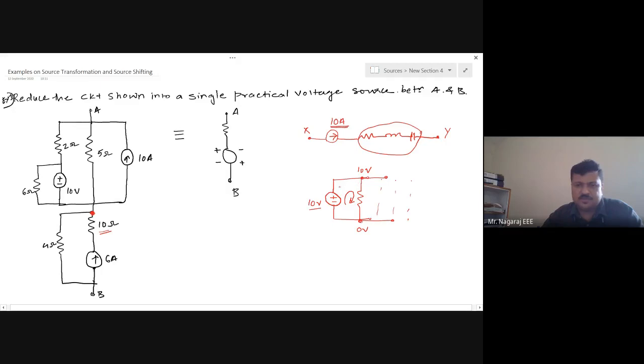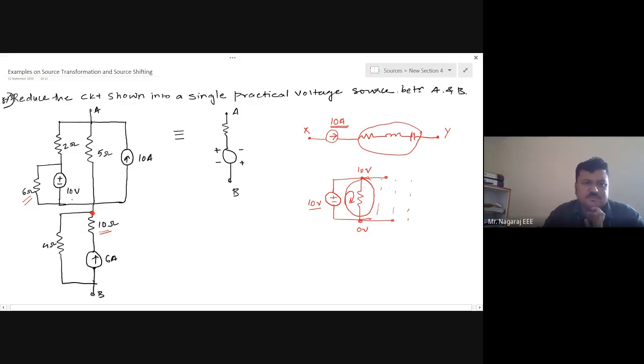Even if this current flows here, it is not doing any kind of work. The same voltage is available after this. Hence, I can take this resistor as a redundant component and neglect it for the time being for my simplification.